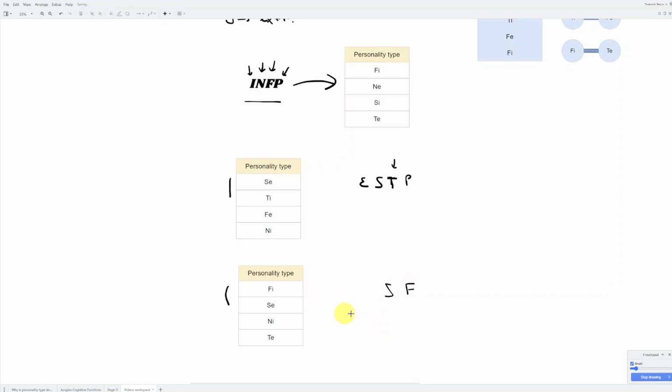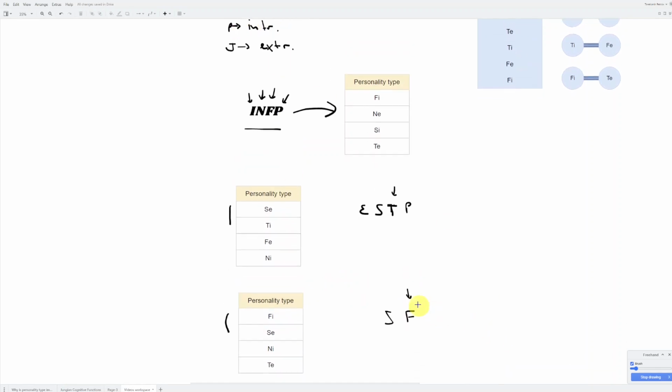Now we look at this function here. So what is this function's orientation? It is introverted. Introverted means P. So here we have P. And the type is introverted, which means that it is the ISFP.